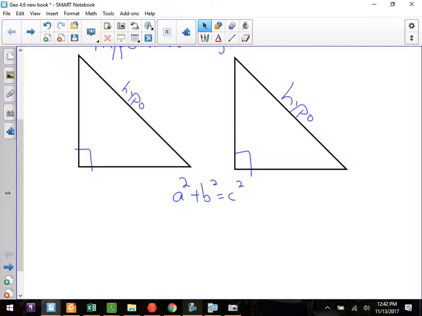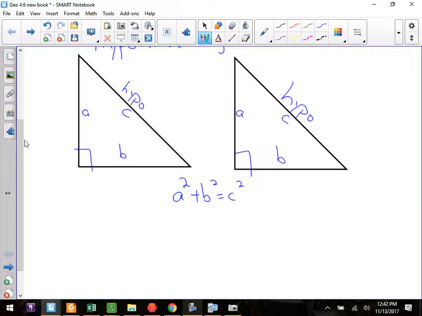Which one of those letters represents the hypotenuse? C. The hypotenuse will always be represented by C. This will always be the value of C. The other ones are interchangeable for being legs, A and B. What happens here is it's super easy to show you why hypotenuse leg works, because of Pythagorean theorem.